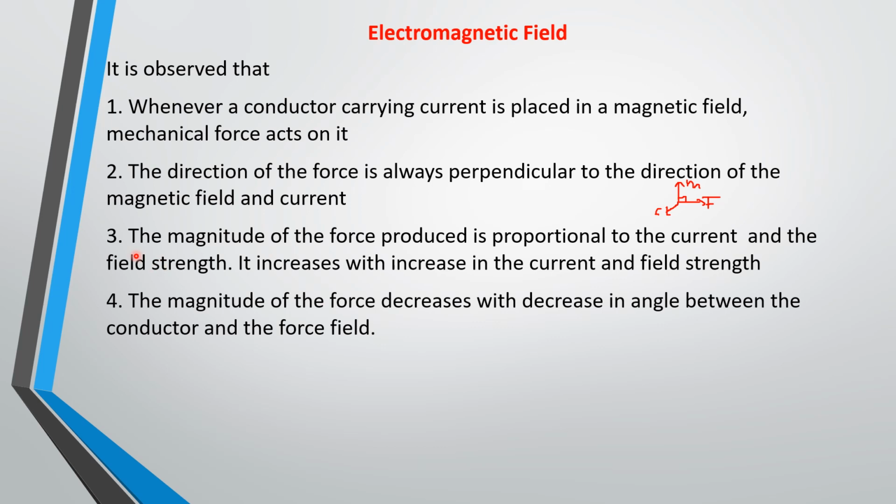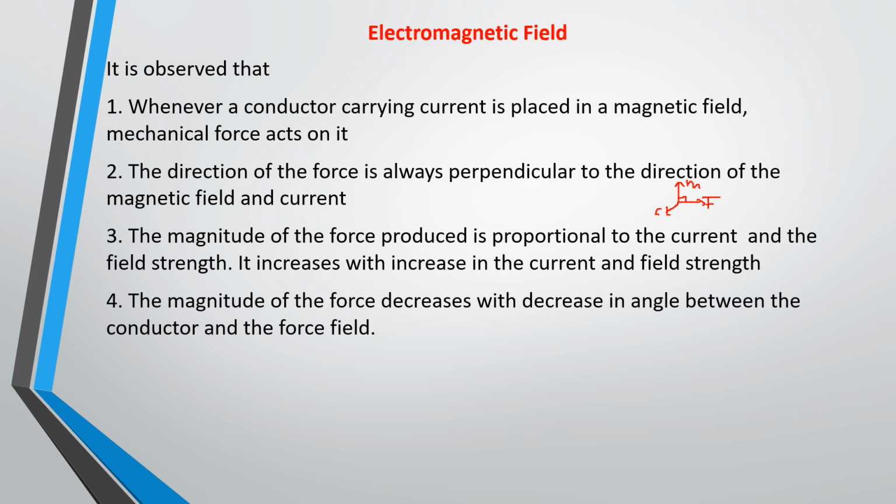Then the magnitude of the force produced is proportional to the current and the field strength. It decreases with decrease in the angle between the conductor and the force field. I also want you to know that the magnitude of the force is at maximum when the angle between the conductor and the force field is equal to 90 degrees.